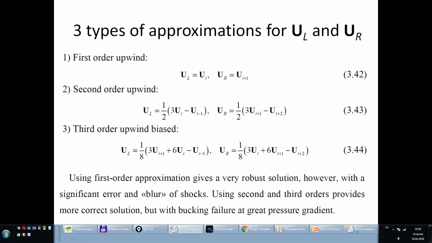You know that we have three types of approximation of left U and right U. The first order upwind is given by the following formula. The second order upwind is given by this formula, and the third order is given by this formula.